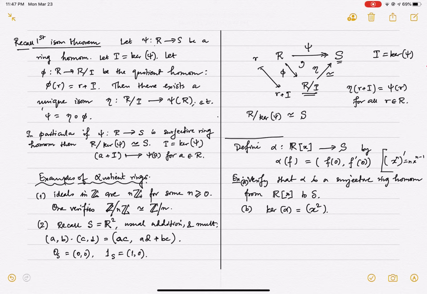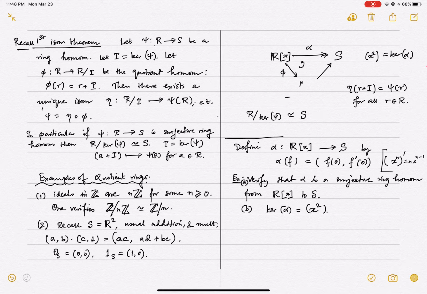So what that tells you by first isomorphism theorem. What's the setup? Here you have R[x] to S, this map alpha, and the kernel of this alpha I'm claiming is all multiples of x squared.